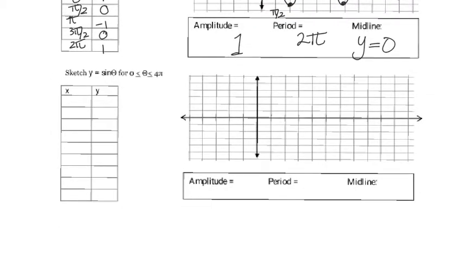Similar for sine, I'm going to go from negative 2 pi to positive 2 pi. Oops, did it again. Skipping pi.